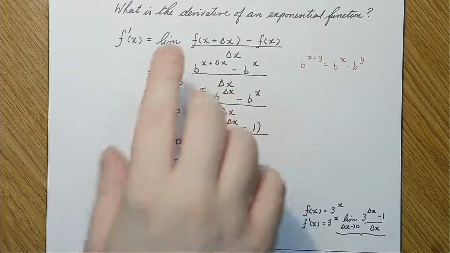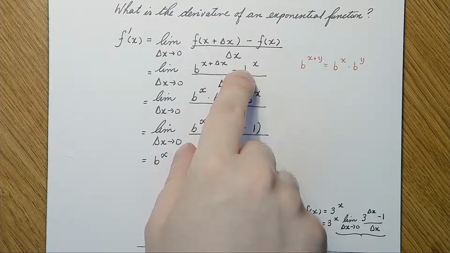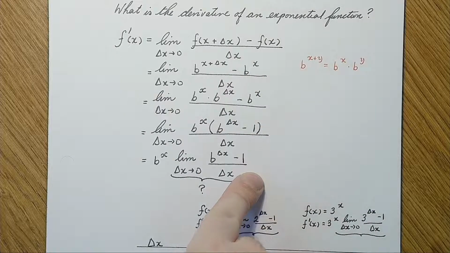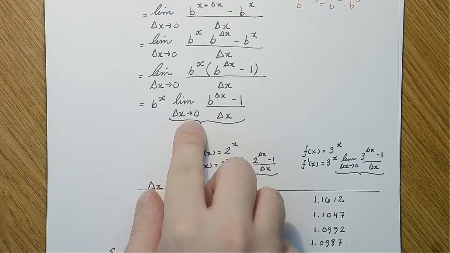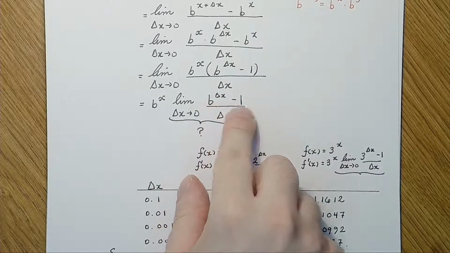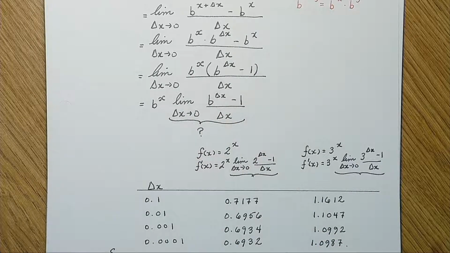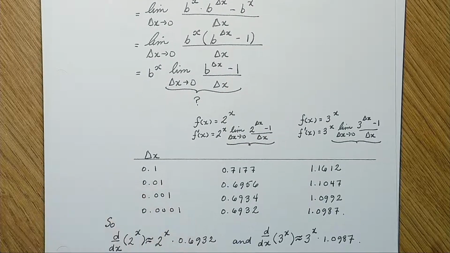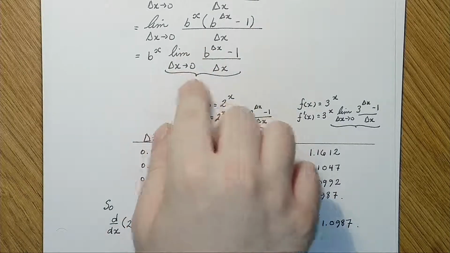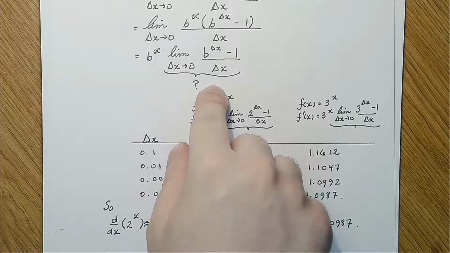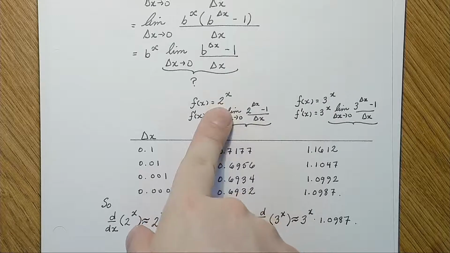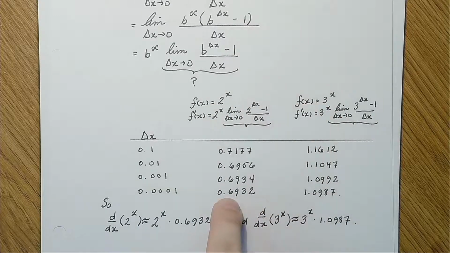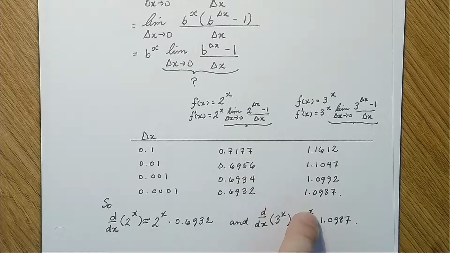We took our usual definition of the derivative, we worked it out, and we got stuck right around here: the limit as delta x goes to 0 of b to the delta x minus 1 over delta x. So we started to look at it numerically. We found that if we want that limit to be 1, by looking between a base of 2 and 3, that limit would be 1.